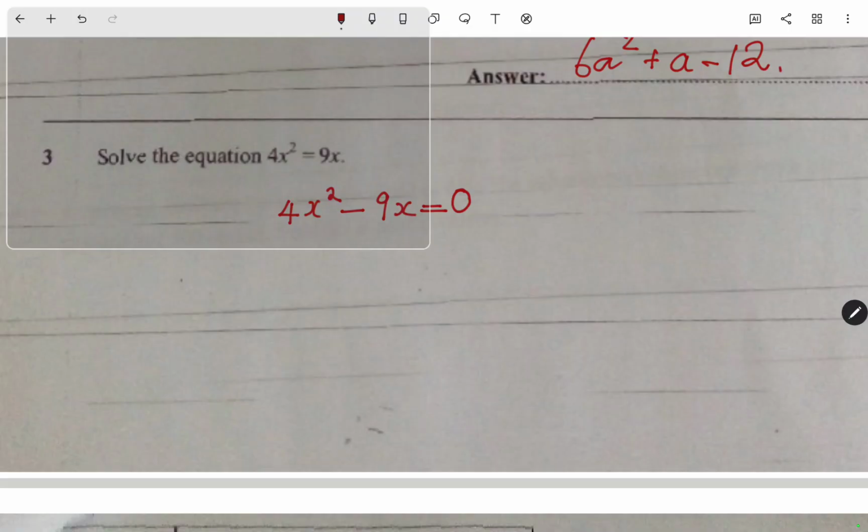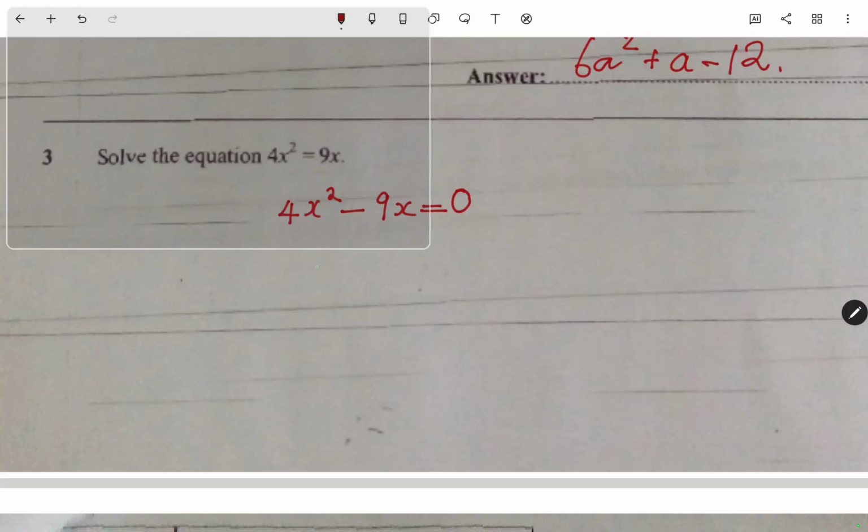This one is a quadratic equation, so to solve it we can factorize this expression.